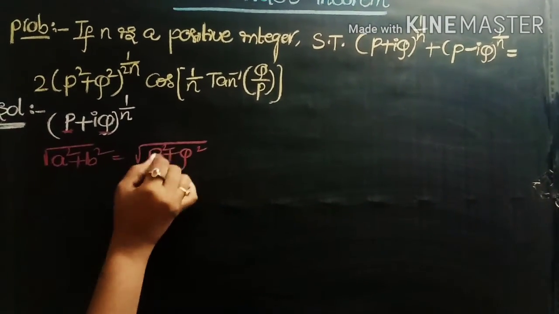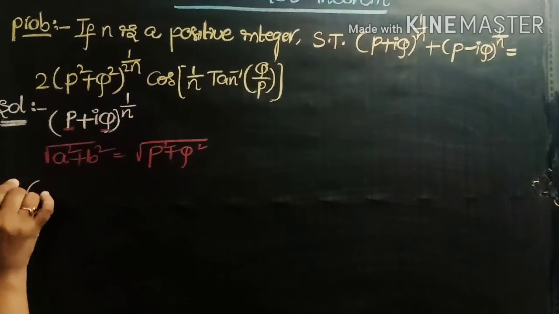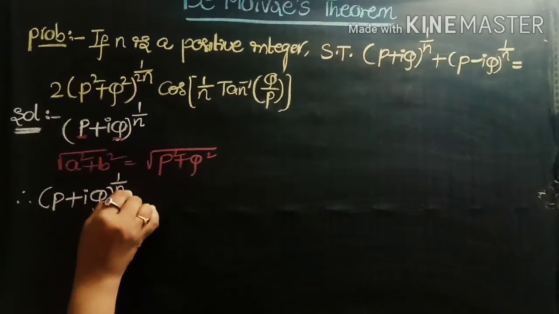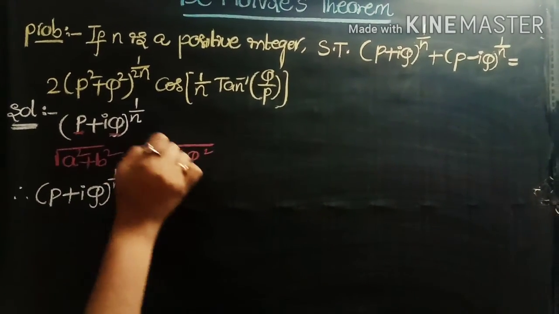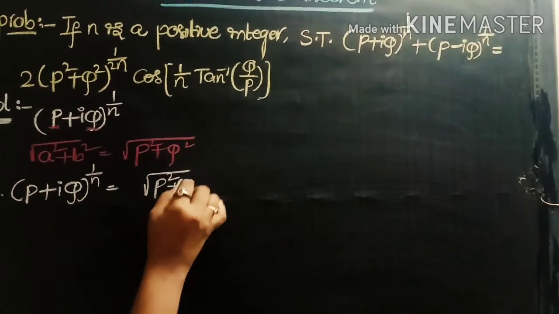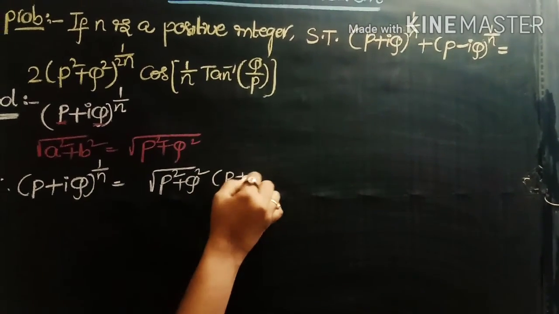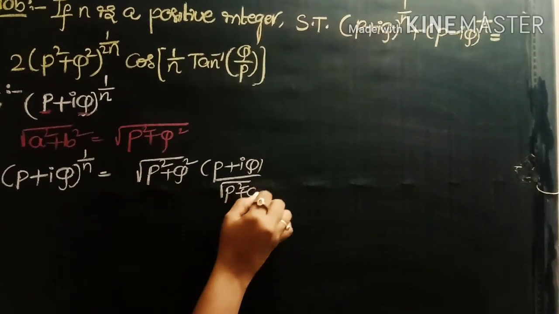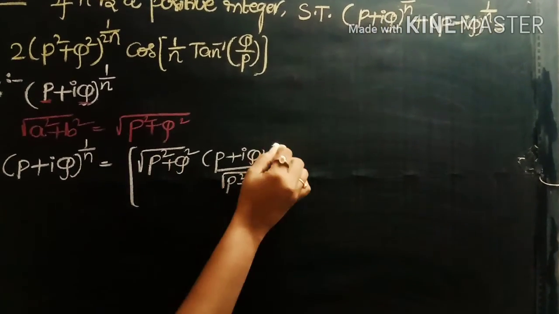Now we apply this value to the given term. Therefore (p + iq)^(1/n) = [√(p² + q²) × (p + iq)/√(p² + q²)]^(1/n).